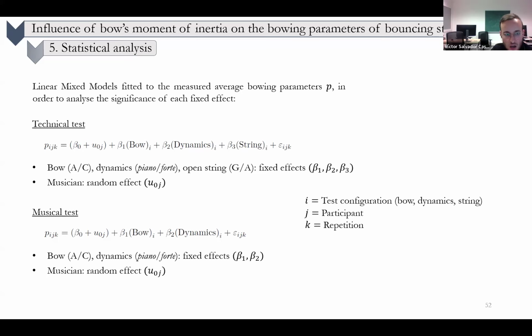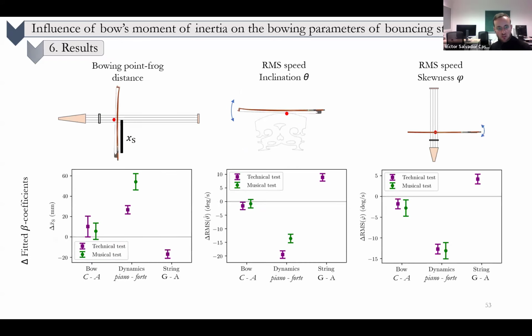And here I'm going to picture some of the results and what they mean. I am only showing you the specific bowing parameters for which we found that the moment of inertia of the bow did have a significant effect when we change it.